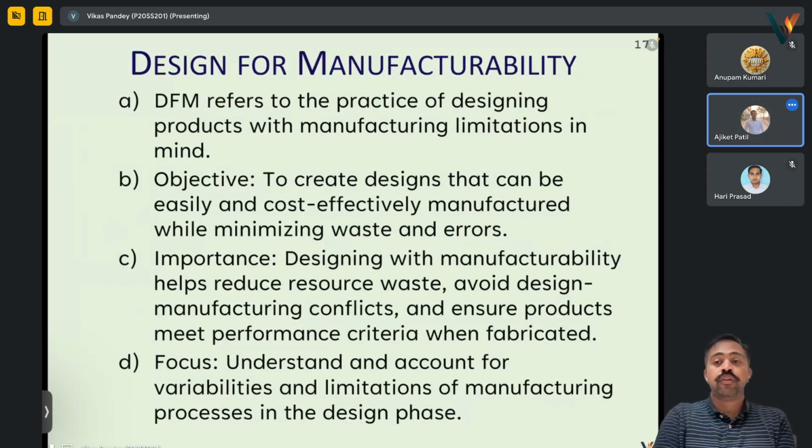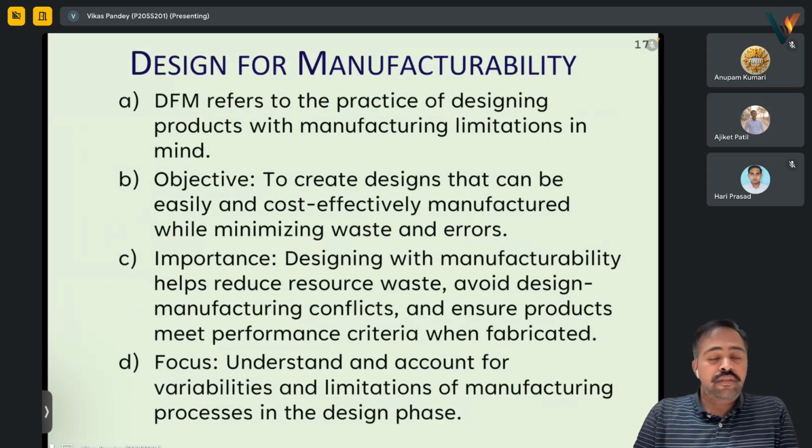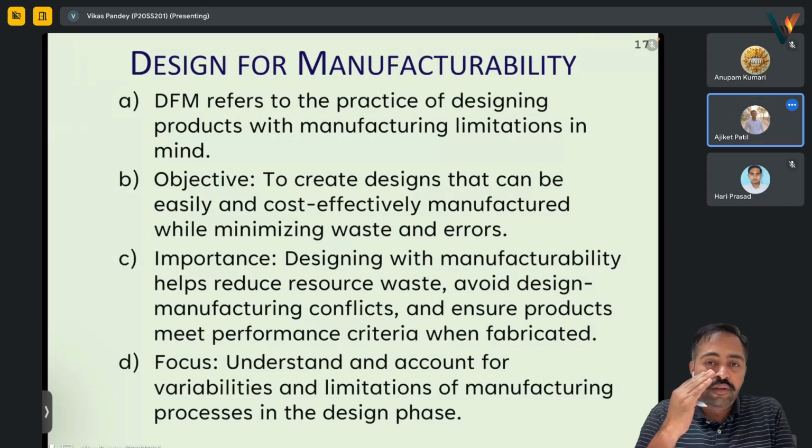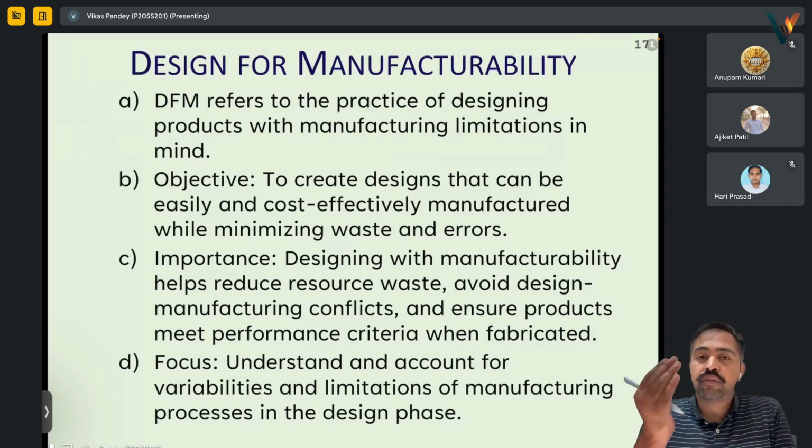Okay. So next, since this is the one part between one process and another process, what is to be done. But when we are talking about process integration, there are other things to be taken care of, and one is the design for manufacturing.